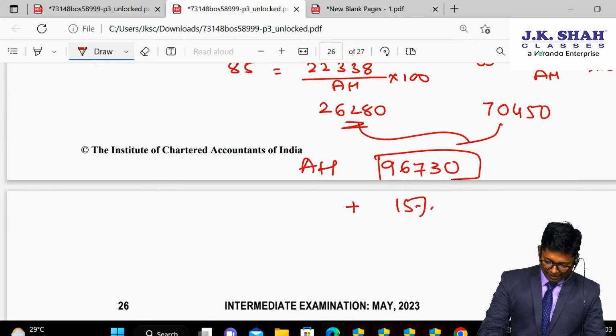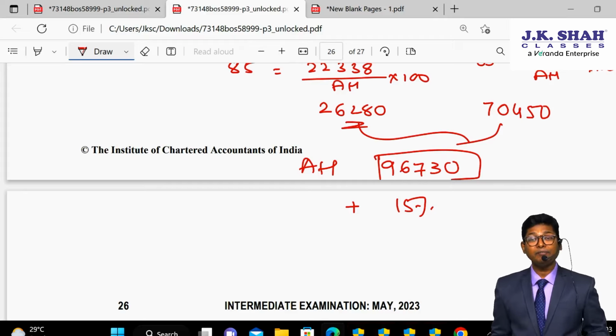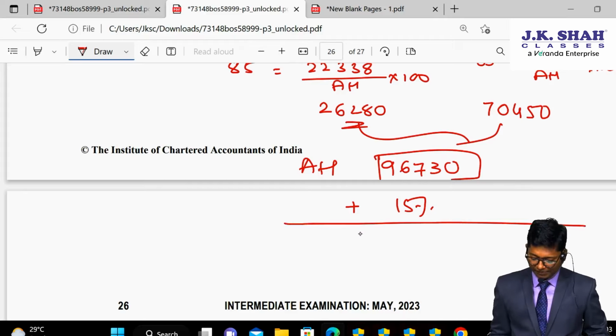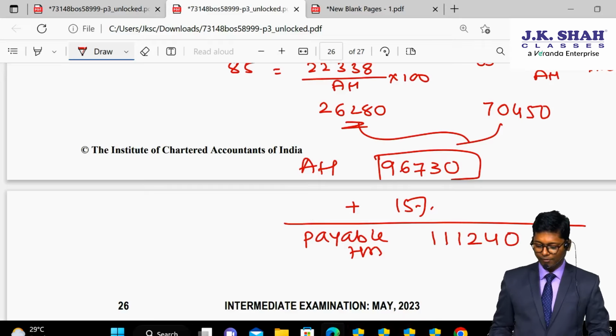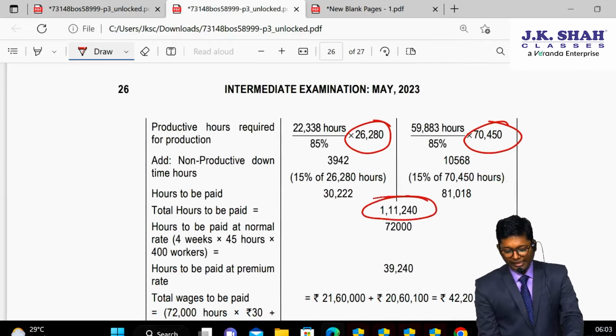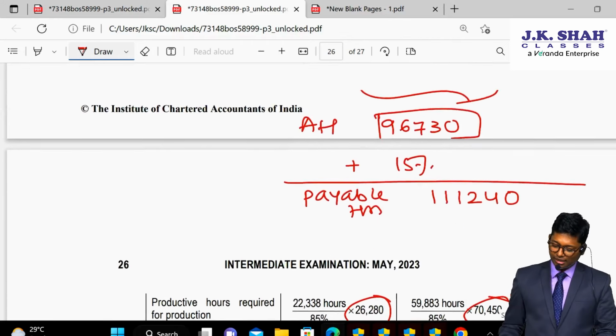If you add 96,730 plus 15%, because 15% is non-productive time which is payable, you are going to get the payable hours in this case, 1,11,240 approximately. So 1,11,240 hours are payable.